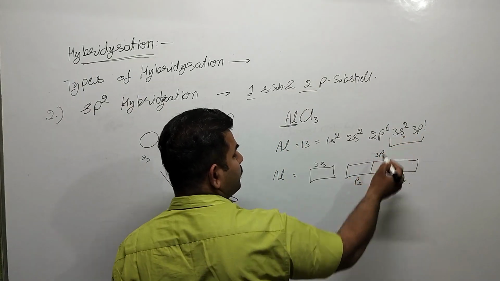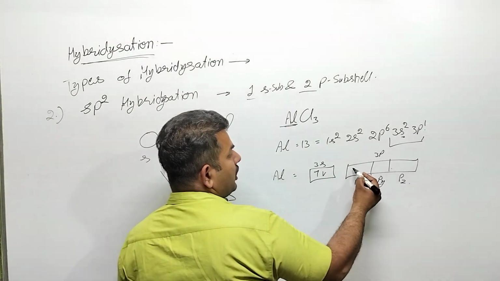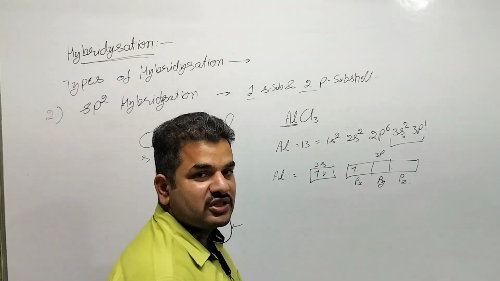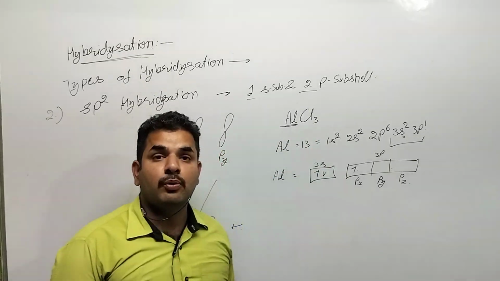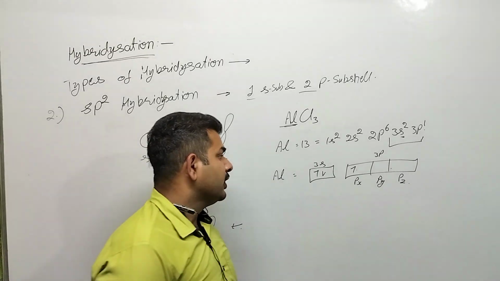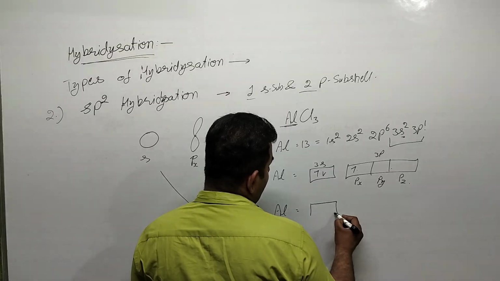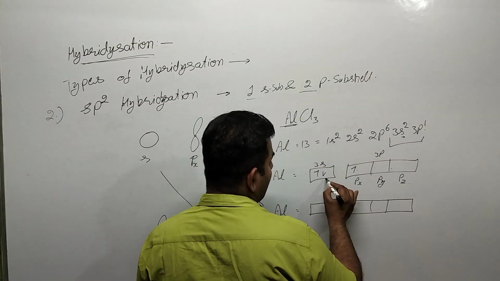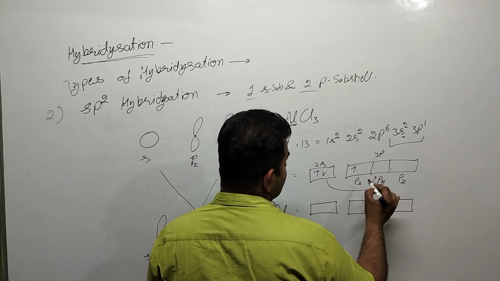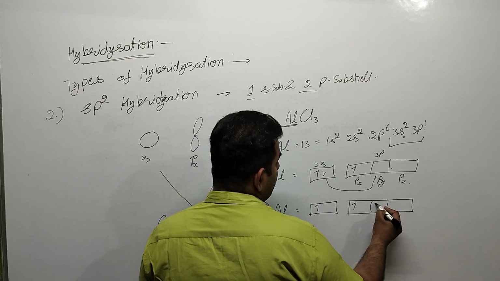Two electrons are present in the s subshell orbital and 1 in the p subshell. Aluminium can form 3 bonds with 3 chlorine atoms, so it needs 3 half-filled orbitals. One electron is transferred into the excited state into the py orbital, giving 1, 2, 3.